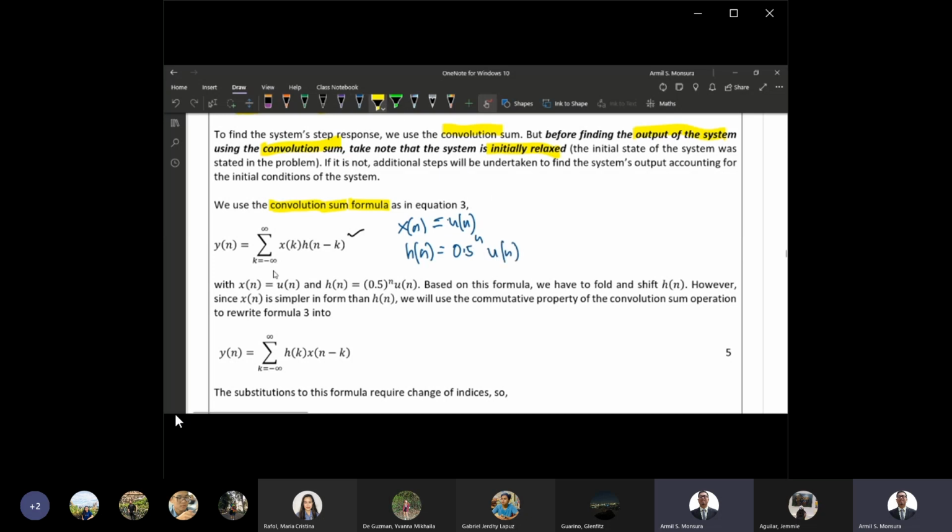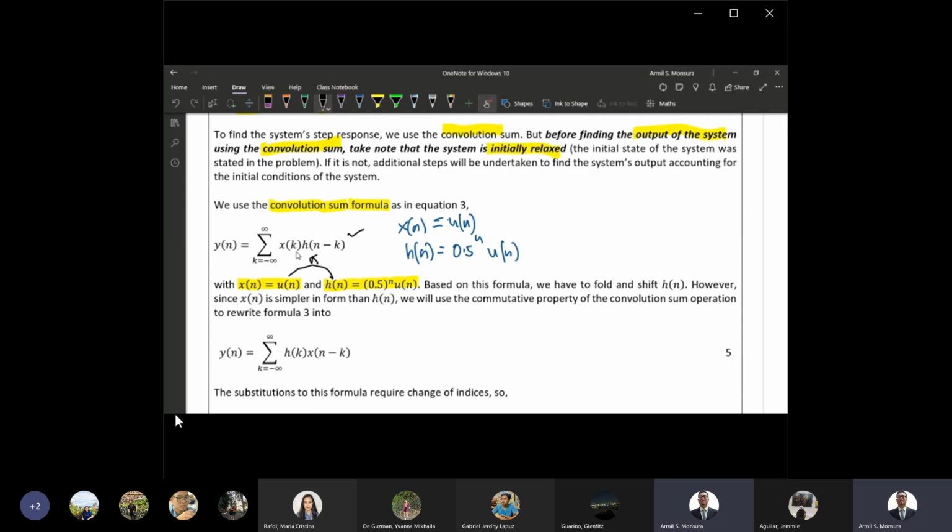So ito yung mga inputs dun sa formula natin. Every time na magsa-substitute tayo, isa-substitute natin dito.